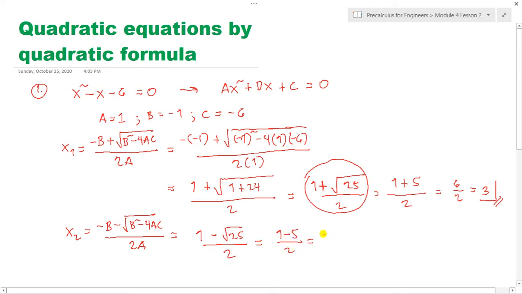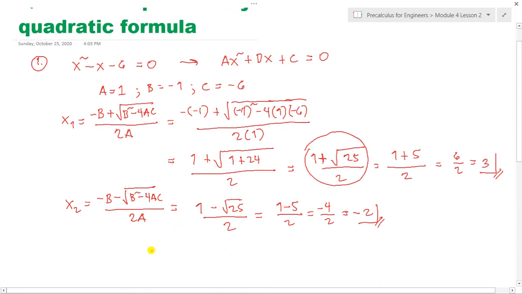So that is negative 4 all over 2. So we now have negative 2. So therefore, the solutions, or the roots, of our quadratic equation are the elements negative 2 and 3. So that's it. Just remember the quadratic formula. So let's try another one.